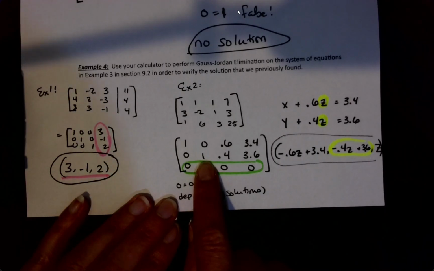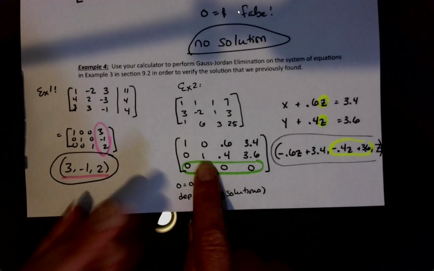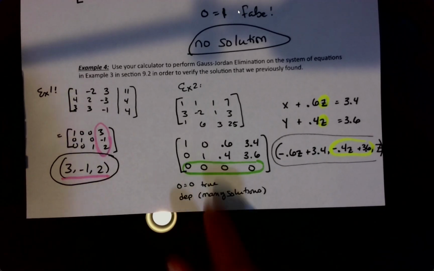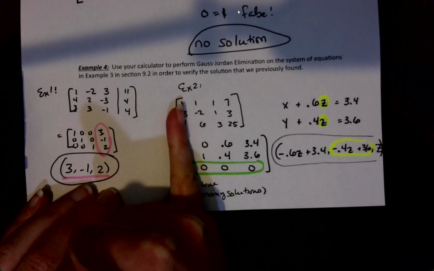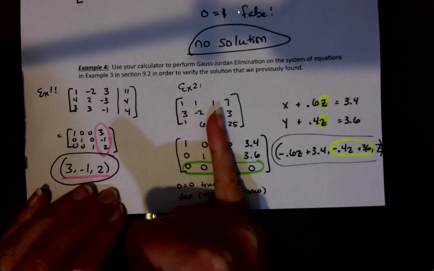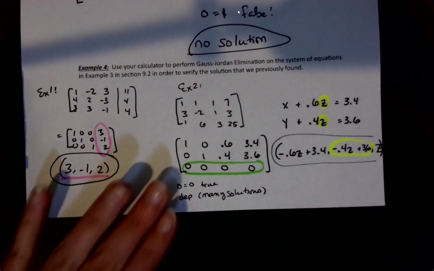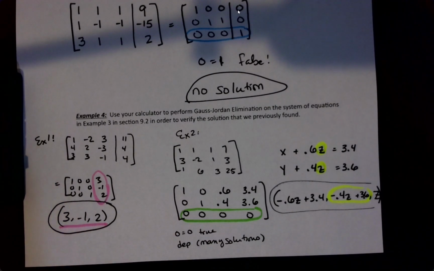If you did want to get this in terms of a different variable like y, just don't put z at the end. Order your columns so that they're x, z, y, for example, and you could come up with a solution in terms of another variable. But this is what it would look like, and then what my final answer would look like if the system was dependent.